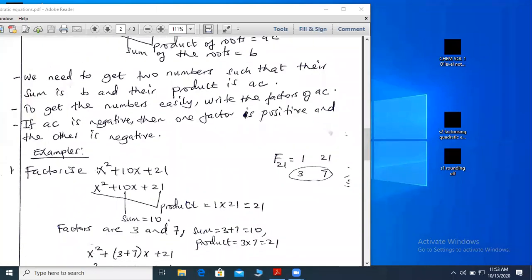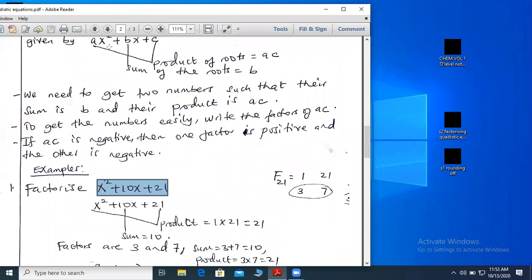We have our first question here. Factorize x squared plus 10x plus 21. Now this is a quadratic equation, and the way I have been telling you, when you look at this quadratic equation and you compare it with ax squared plus bx plus c, who can tell me the value of a in this question?